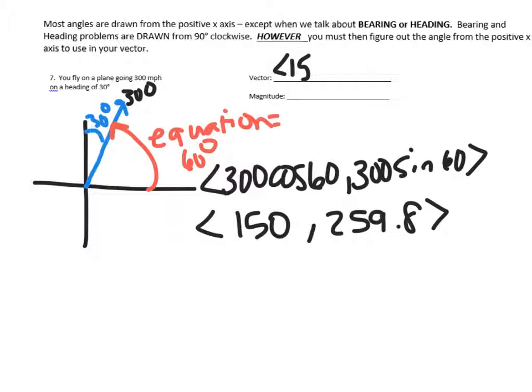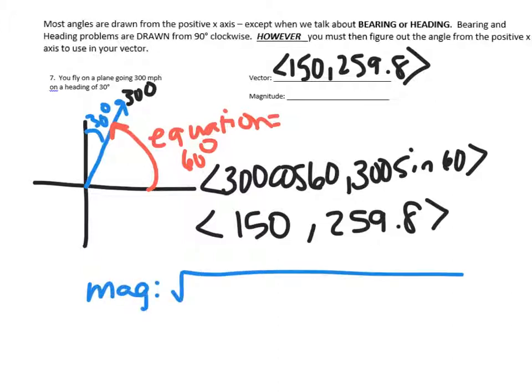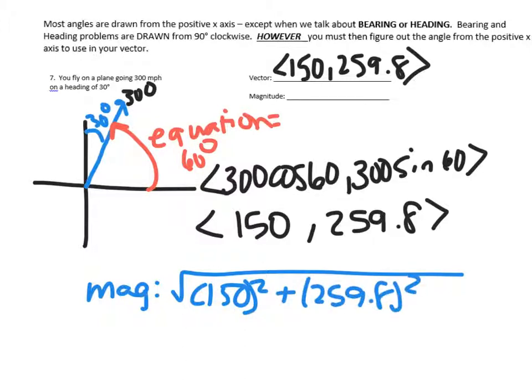So that's 150, 259.8. And if I double check it in my Pythagorean theorem, 150 squared plus 259.8 squared, that is going to give me my magnitude of 300 for that.